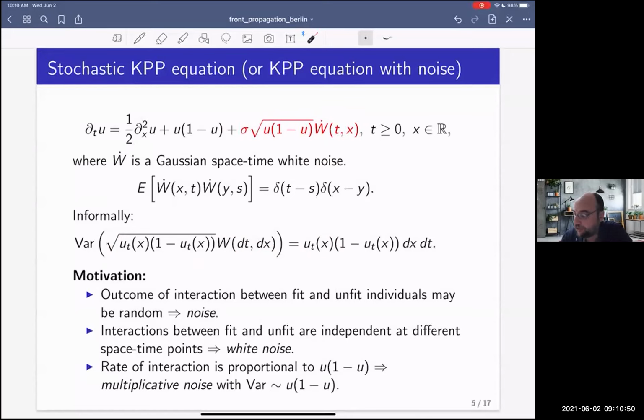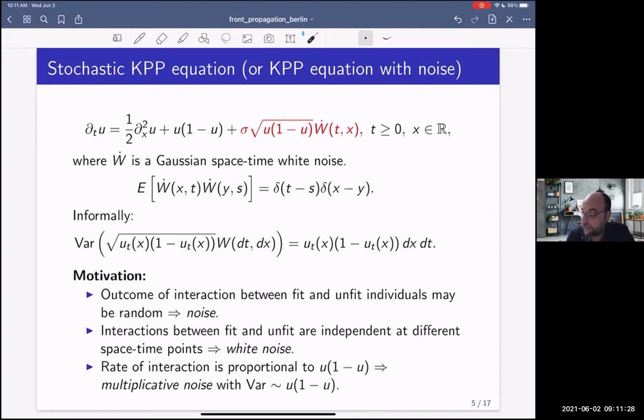The motivation is very similar. It also may come from the biological world. The outcome of interaction between fit and unfit individuals may be random, and this gives rise to this noise. Interactions between fit and unfit individuals are independent at different space-time points. That's why the noise is white noise, whose values are independent at different space-time points.